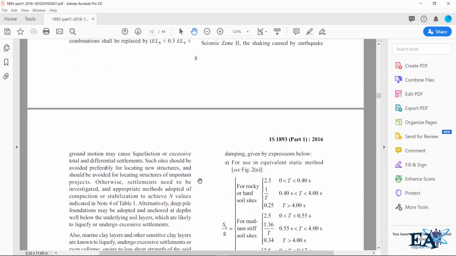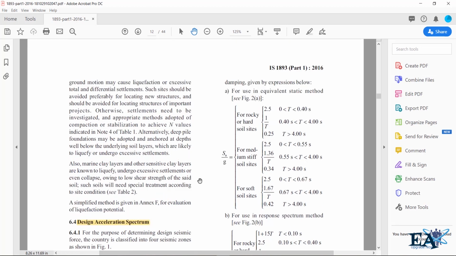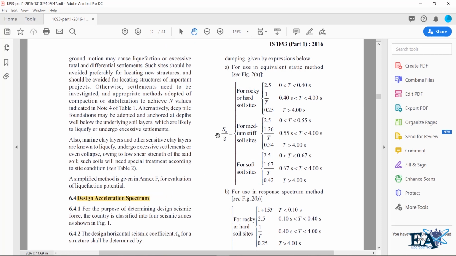So we assume in a building a 5% damping ratio, and for that 5% damping ratio, Sa by g values are given for use in the equivalent static method and for use in the response spectrum method. These are the two methods by which you can apply the seismic load.